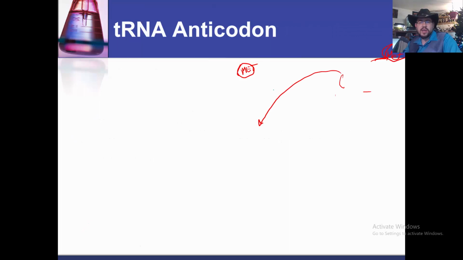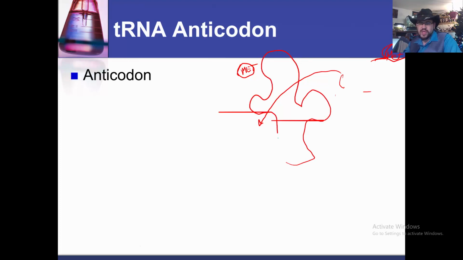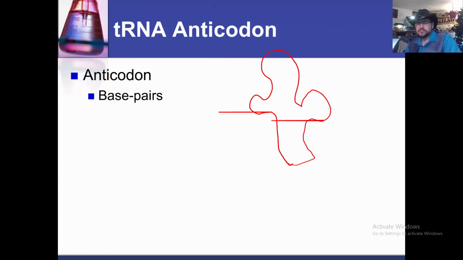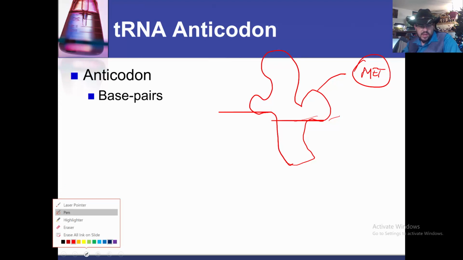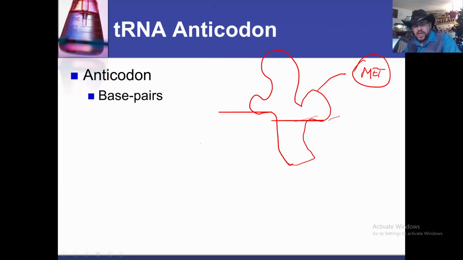An anticodon is basically a complementary set of nucleotides, right? So here's my tRNA carrying methionine. Here's my little drawing. There we go. So we got methionine. We know that our mRNA has the AUG codon for methionine.